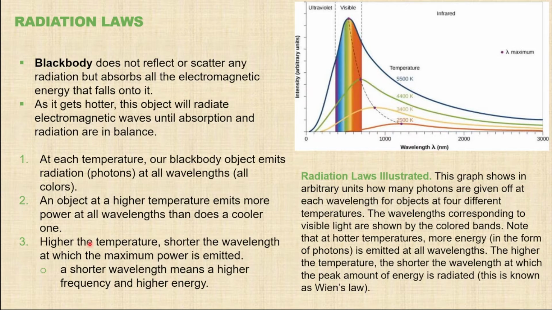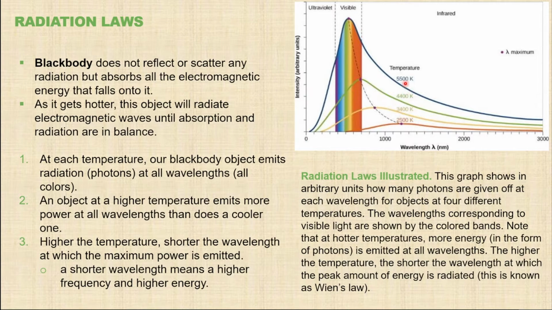And lastly, the higher the temperature, the shorter the wavelength at which the maximum power is emitted. You see the maximum power is emitted for 2500 Kelvin around here, 3400 here, 4400 around here. So as you increase the temperature, the wavelength of maximum power gets shorter and shorter, coming towards the 0 point.